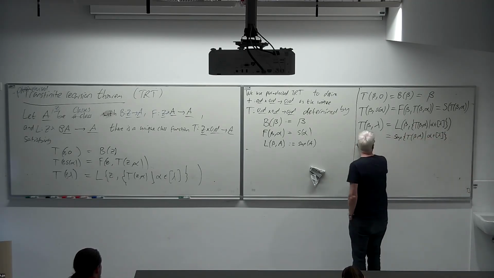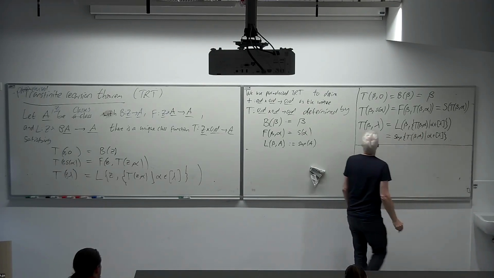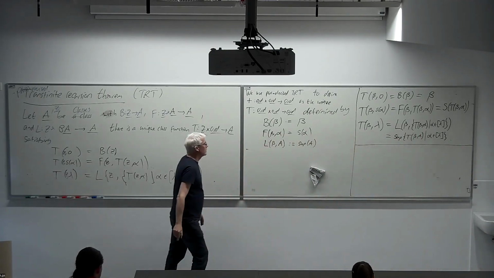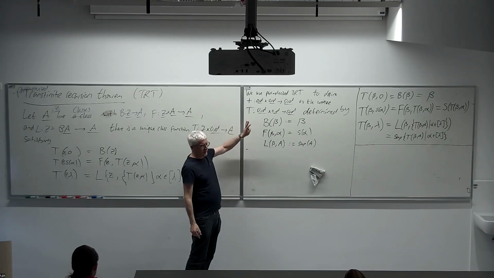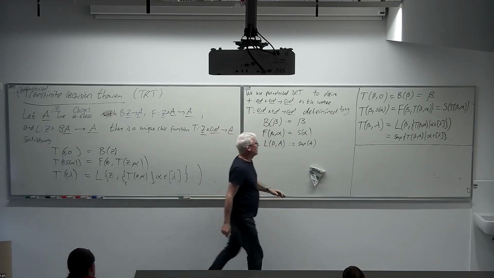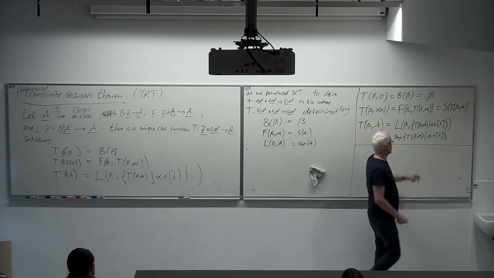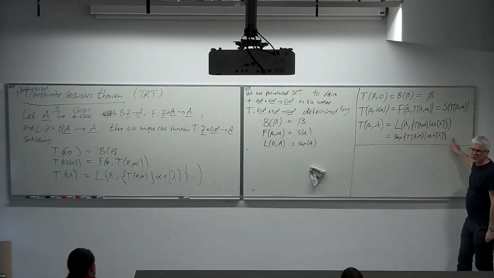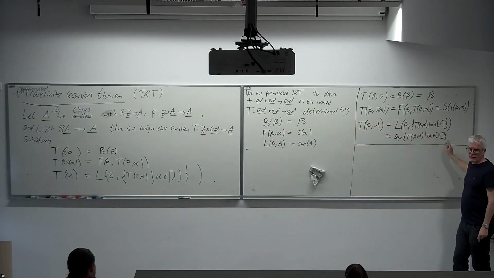And how we would normally write these equations, well, here I've said exactly what initial data we're giving, and then I'm defining a T and writing out the equations that T satisfies. But in practice, the way we would normally write this, we would say something more briefly.